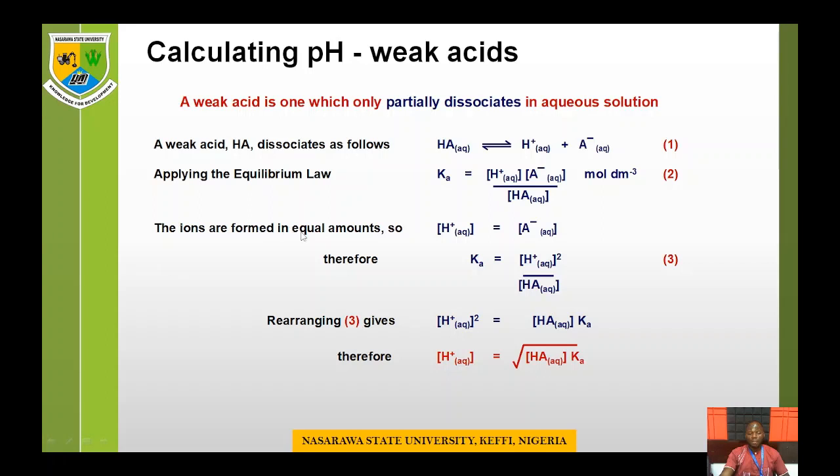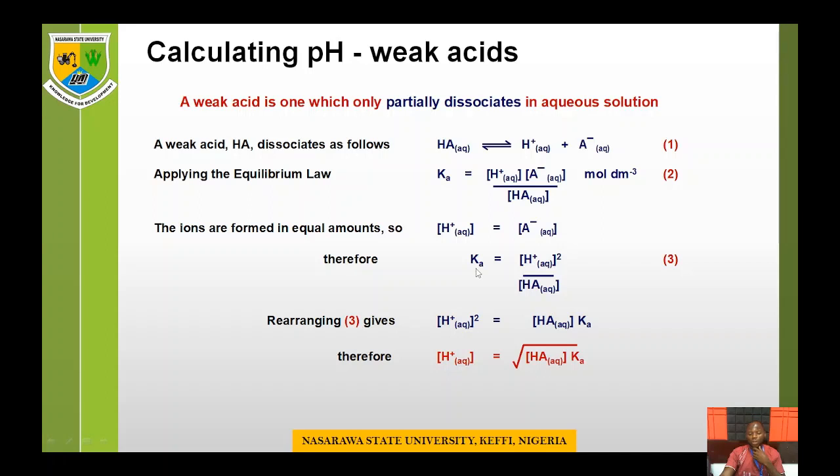The ions are formed in equal amounts. What does that mean? That means that the hydrogen ion concentration equals the A minus ion concentration.